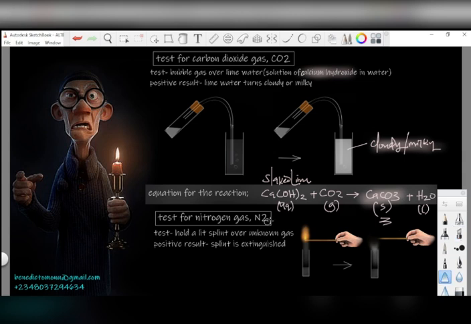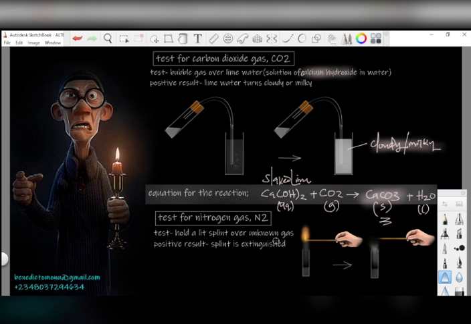We move on to the next test, which is the test for nitrogen. Nitrogen is known to quench fire. Nitrogen is known to slow down oxidation. Matter of fact, many packaged foods, especially those that contain oil, are stored or packaged with nitrogen in order to reduce the oxidation of the food and reduce rancidity.